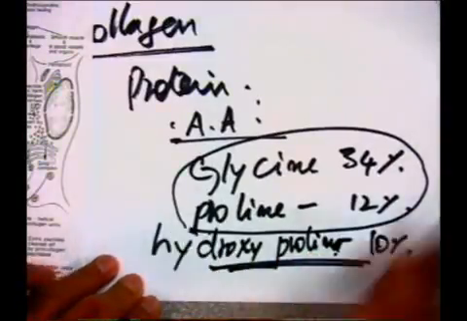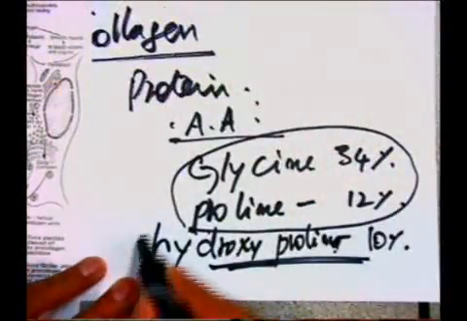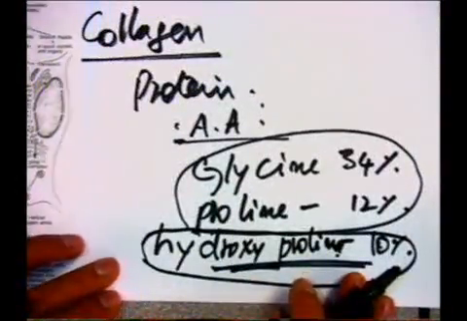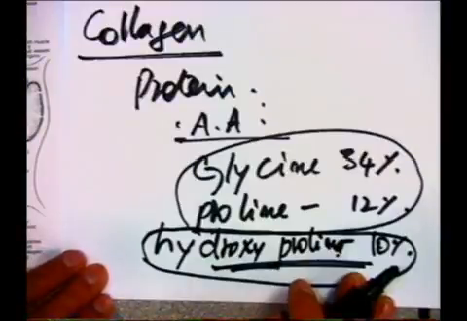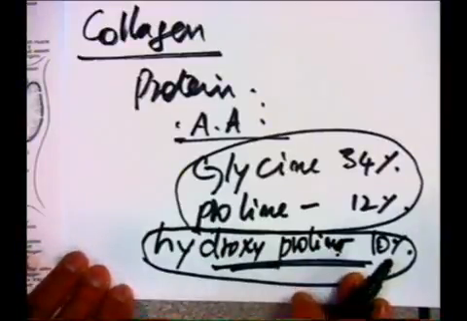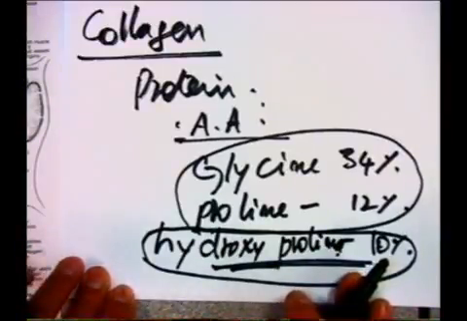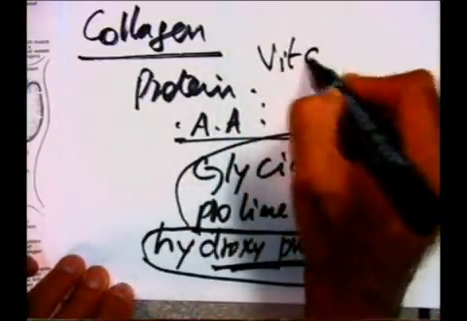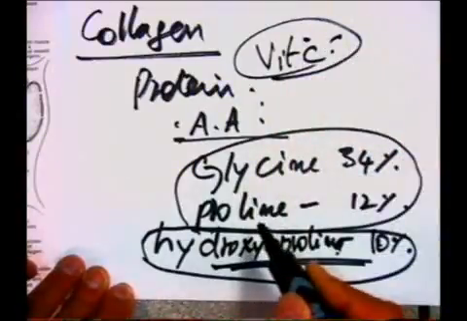So if you don't get hydroxyproline in your system, then you get a problem. There's a disease. The collagen is not being formed. That happens on several occasions, for example in arthritis and with vitamin C. Have you ever heard of vitamin C, like ascorbic acid?